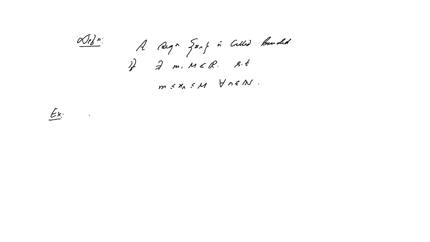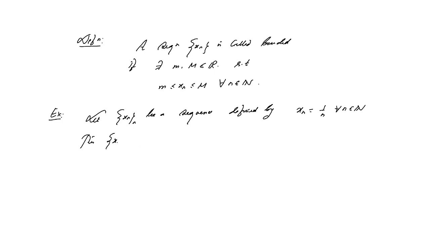So here we see the example. Let xn be a sequence defined by xn equals 1 by n for all n belongs to natural number. So then what should be the sequence xn? This is x1, x2, x3 and so on.